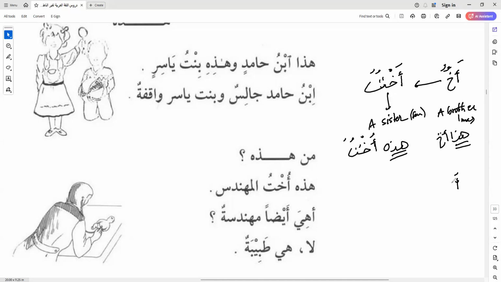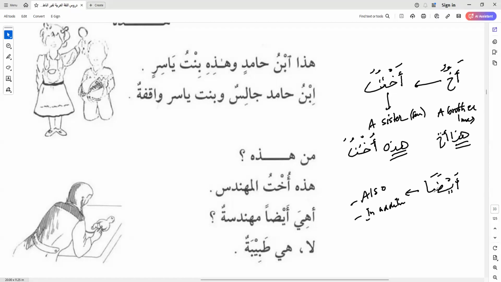Let's learn the use of أيضا. This is a word in Arabic. It means also. Or it can mean in addition. It depends on where you use it in the sentence.